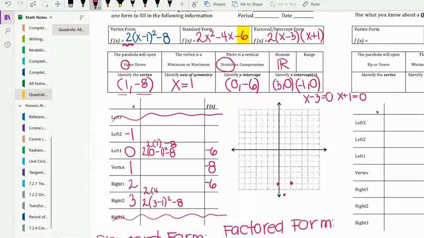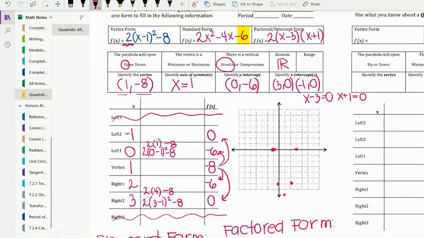So it's 2 times 4, which is 8, minus 8, which is 0. So then that means this point also has to be 0 because we can see that it is symmetrical about that vertex. Okay, so we have 3, 0, and negative 1, 0.